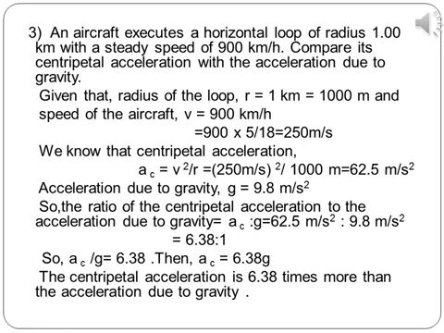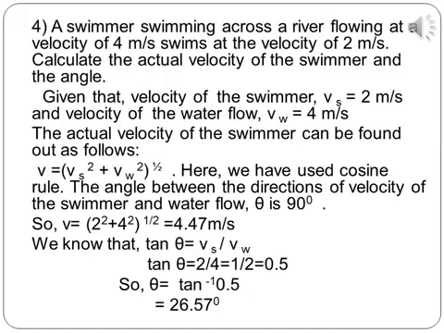So a_c by g is equal to 6.38, then a_c is equal to 6.38 g. That is, the centripetal acceleration is 6.38 times more than the acceleration due to gravity.